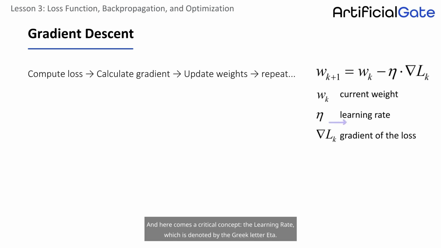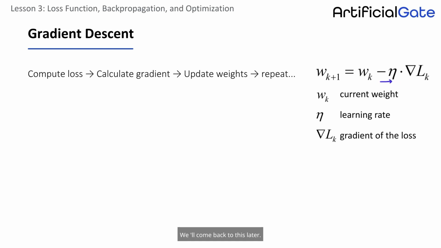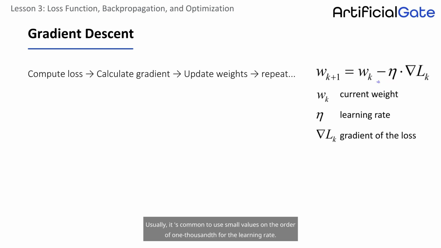And here comes a critical concept, the learning rate, which is denoted by the Greek letter eta. It's a small number that multiplies the gradient, meaning it determines the direction and magnitude of the change. It determines how big each step of the weights will be during the update. We'll come back to this later. Usually, it's common to use small values on the order of a thousandth for the learning rate.